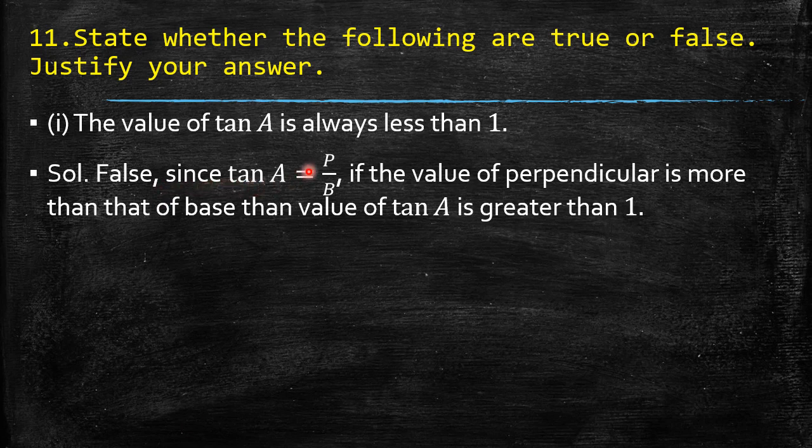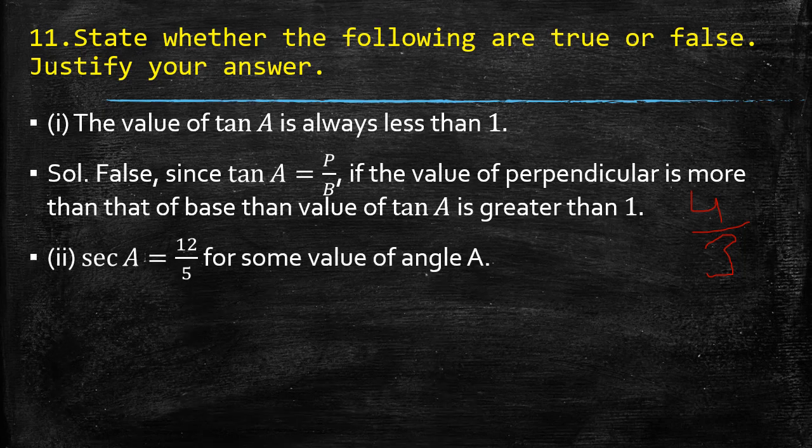Since tan A is always perpendicular upon base, if the value of perpendicular is more than that of base, then the value of tan is greater than 1. For example, 4 and 3. I give you example. So, 4 upon 3. The value is always greater than 1. 5 upon 3, 6 upon 3. If perpendicular is bigger, then the value of tan A is always greater than 1. So, this statement is false.